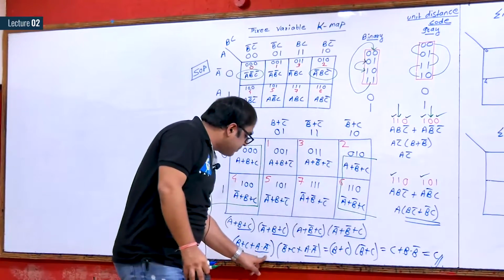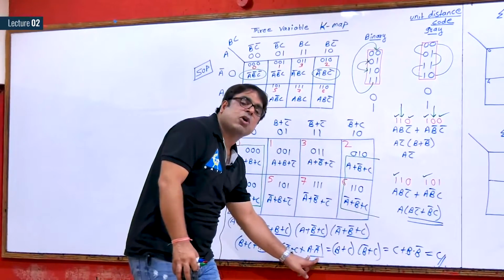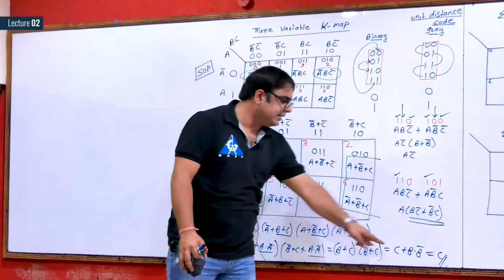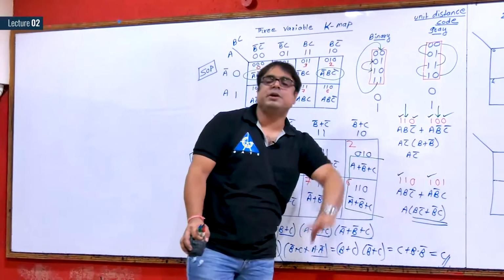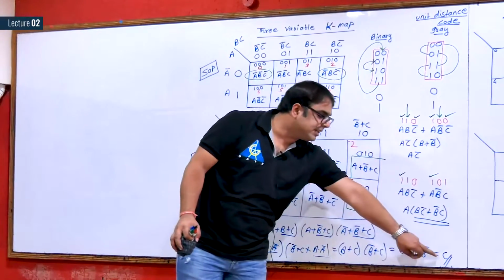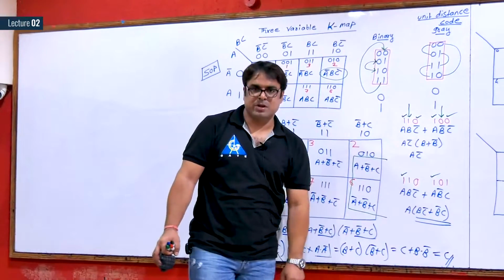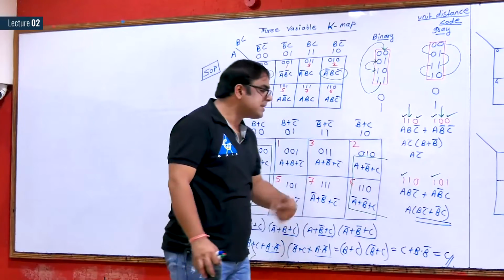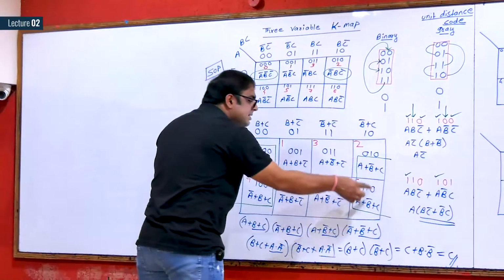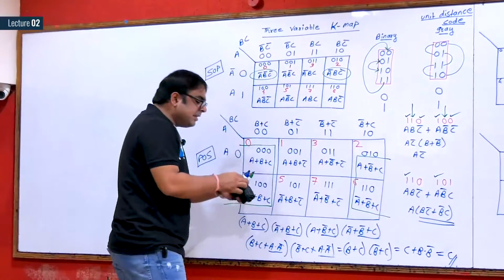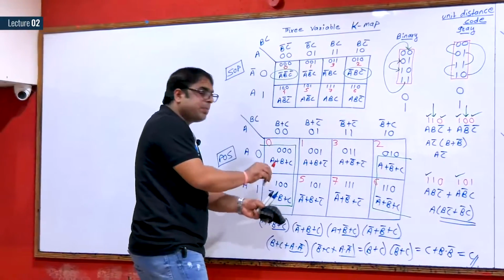In the first step, you minimized A because A dot A complement is 0. In the next step, you minimize B because B dot B complement is also 0. Final answer is C. Now, how to get it from the K-map? How to get this answer from the K-map is very simple. Please see in this entire group, what is common?